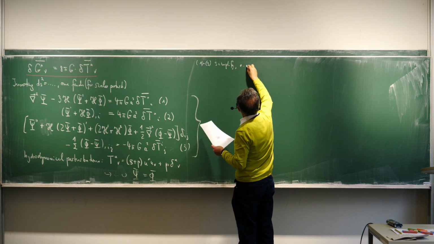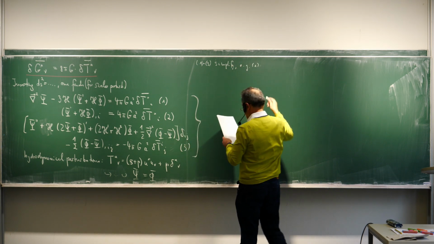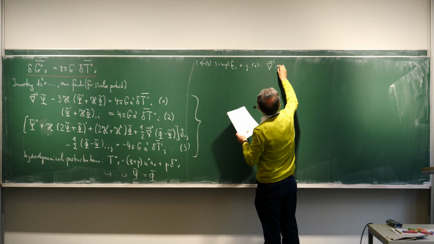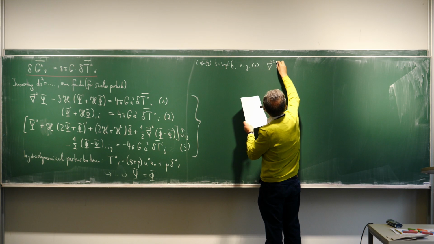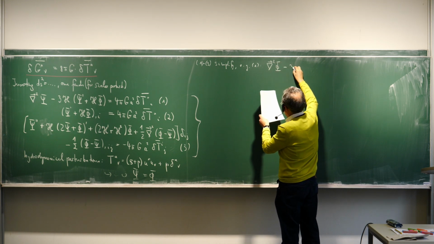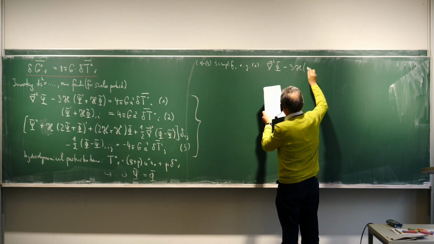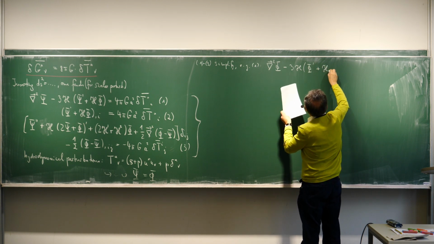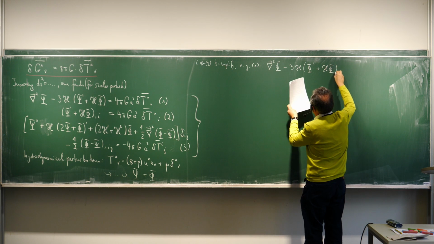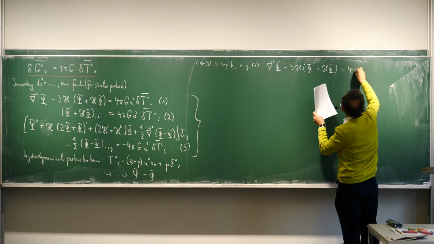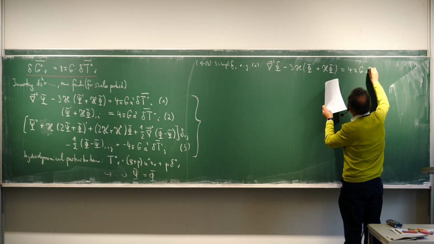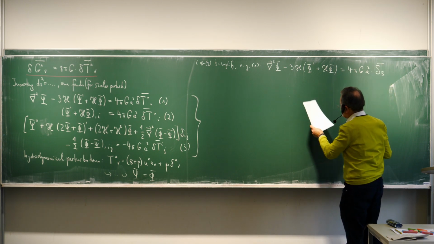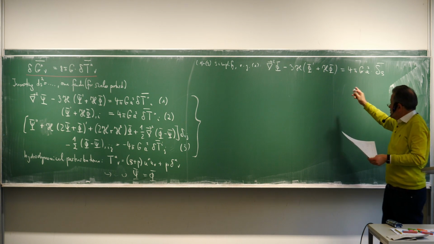For example, equation 1 becomes Laplace Phi minus 3 H times (Phi prime plus H Phi) is 4 pi G a squared delta rho bar.